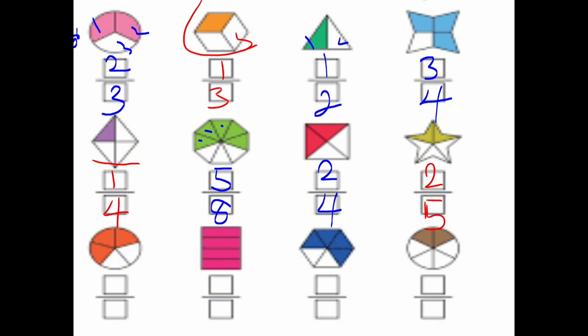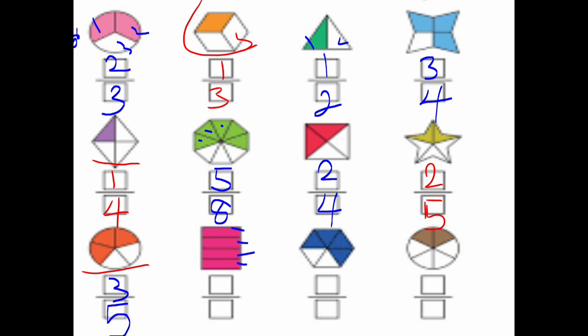Do you understand? Good. And for this next shape, we are going to have what? 3 over 5. Very good. So easy, right? Good. And for this next shape, we have how many shaded parts? 1, 2, 3, 4, right?